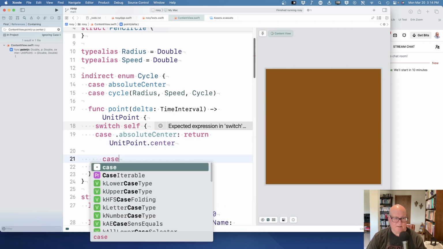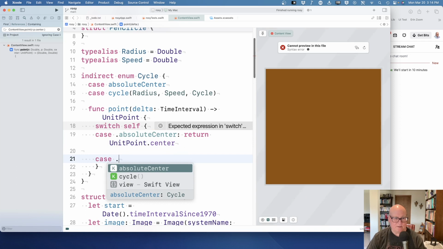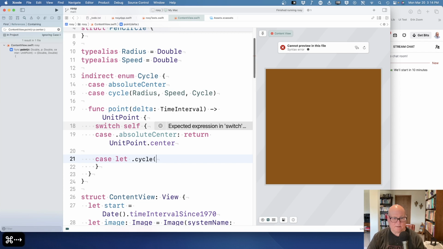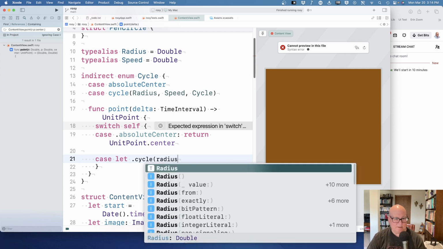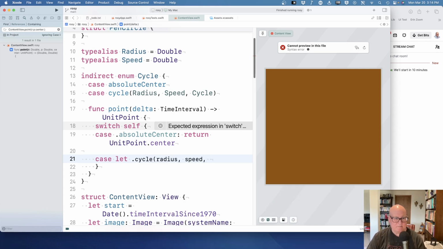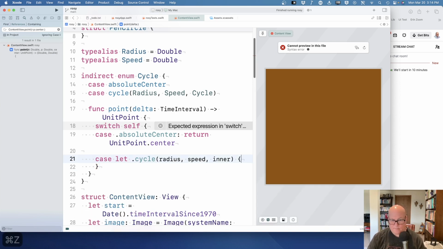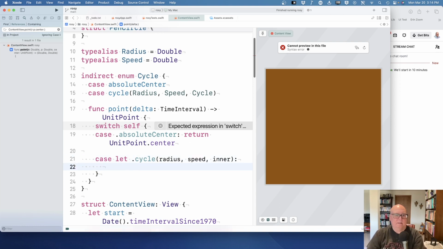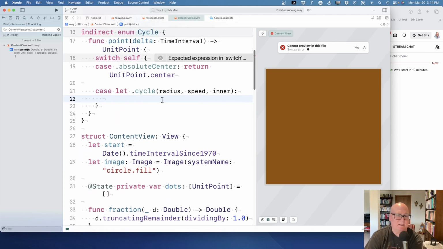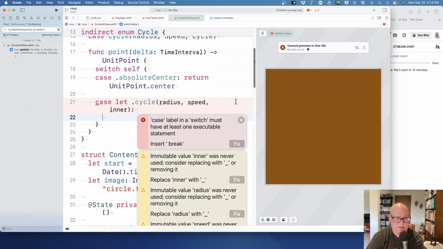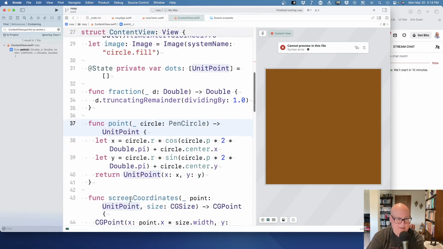And then there's a case for cycle, we're going to take radius, speed, and inner. Okay, that's more complicated.